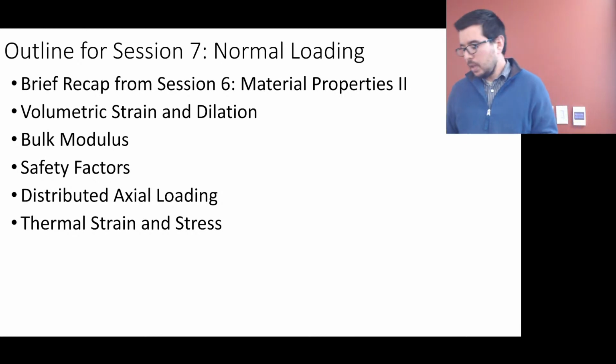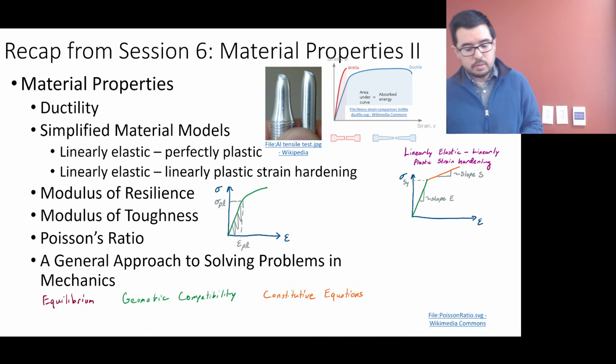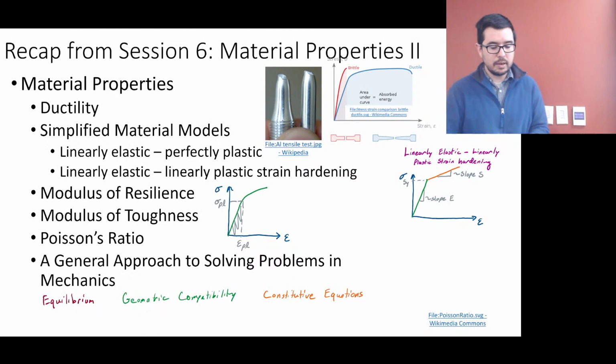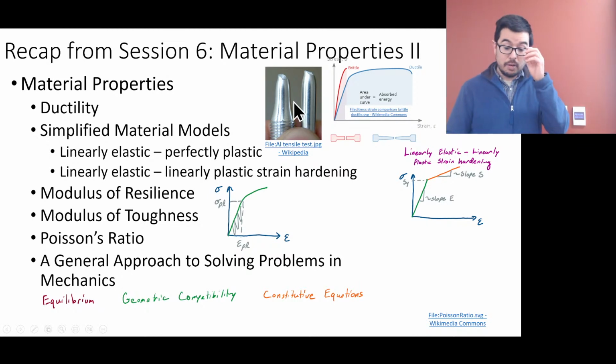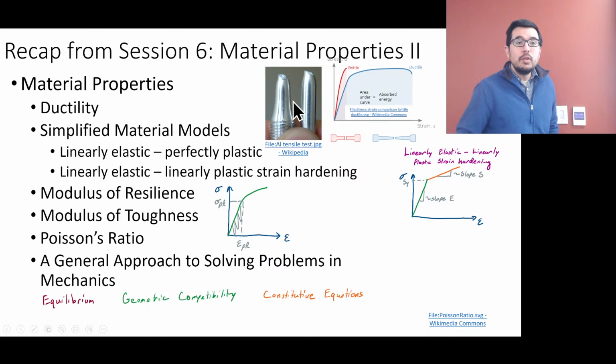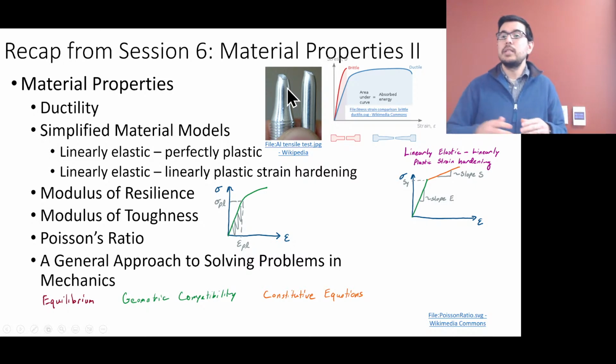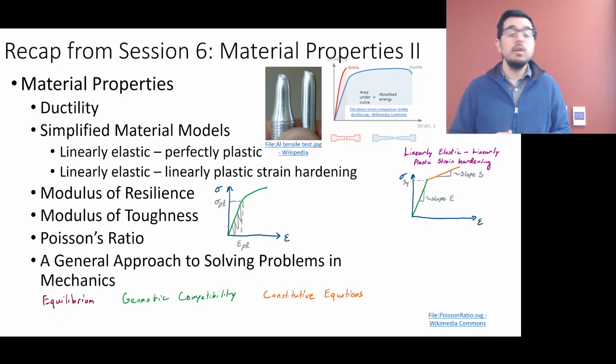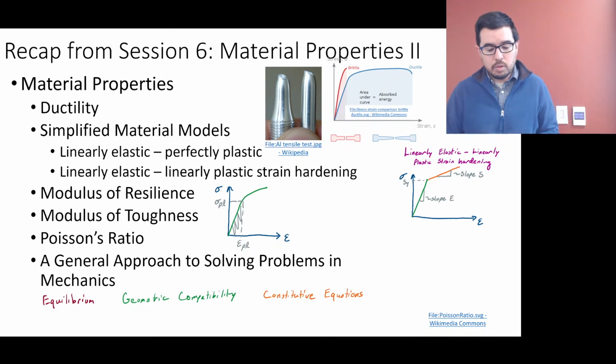The last time we were together, we discussed some of the things on this slide. We discussed ductility, and how you could tell how ductile a material might be after a tensile test, based on how much it elongated before it ultimately fractured, or how much the cross-sectional area changed where it broke.